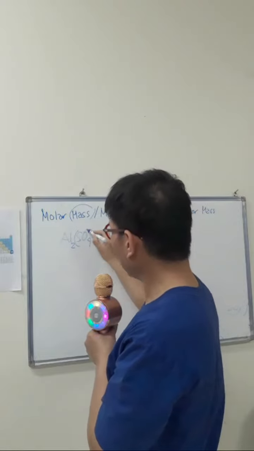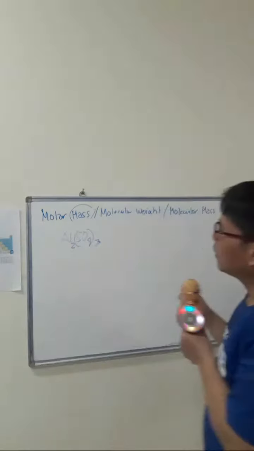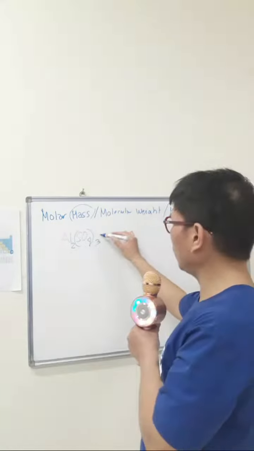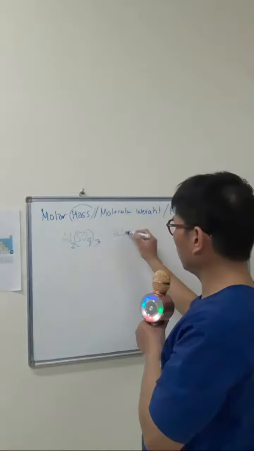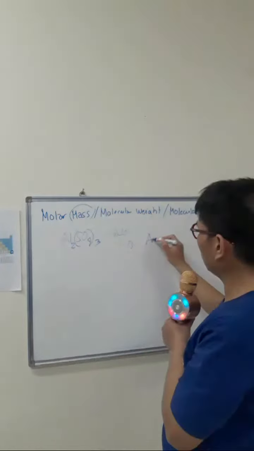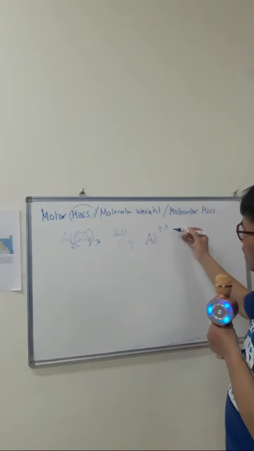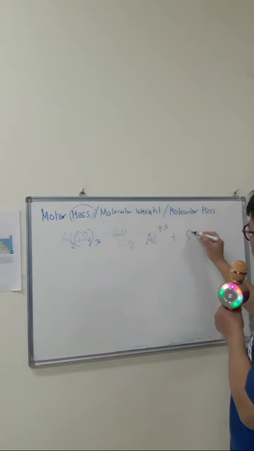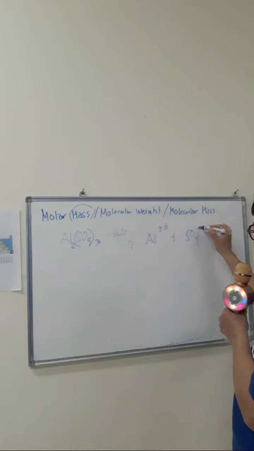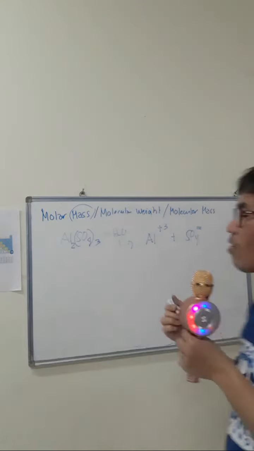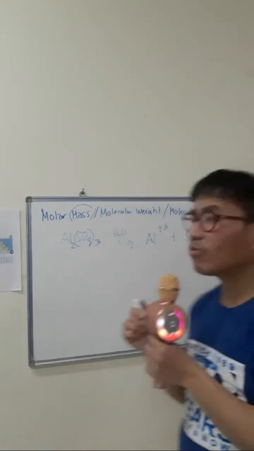Then when you dissociate this into water, it will become aluminum positive 3 plus sulfate negative 2, sorry, negative 2. And they will still balance in that dissociation reaction.